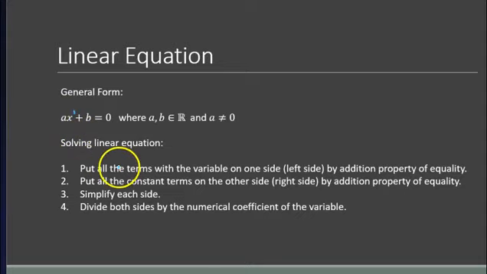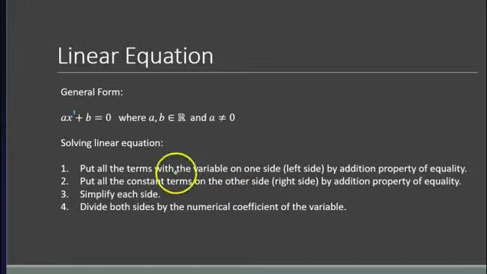So how do we solve this one? These are some guidelines, but you don't have to follow it step 1, 2, 3, 4. It depends on the question given. Our goal is to put all the terms with the variable on the left side by using the addition property of equality. I'm going to illustrate it later.